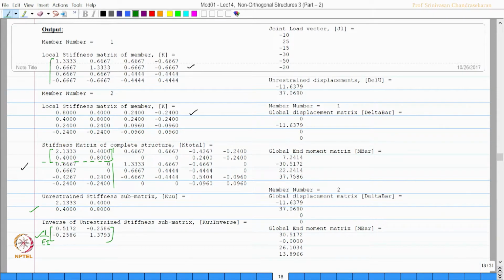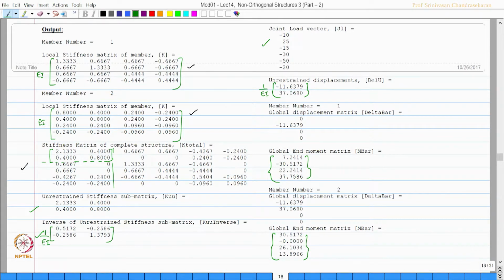In fact, in all these cases, EI is constant. We get the joint load vector, then we get the unrestrained displacement, which is again 1 by EI. Then we get the member end reactions, which is here. This is for the member 1, this is for the member 2.